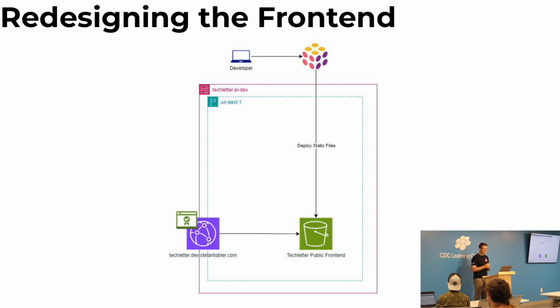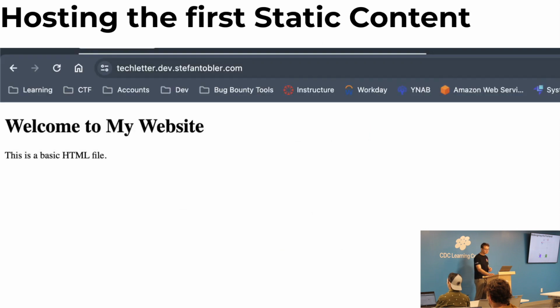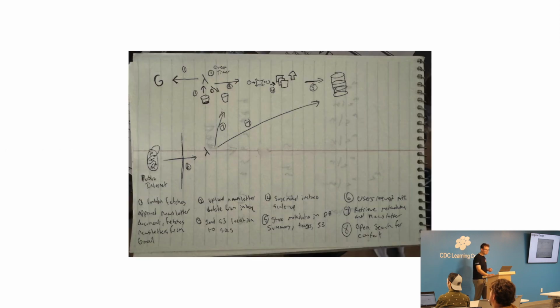For an application of this size, it doesn't really matter. But when you get into really latency-sensitive applications, this can be a big speed up. And then again, this is signed with the AWS certificate that is mapped to my domain. And then hosting my first static content, that was pretty awesome.